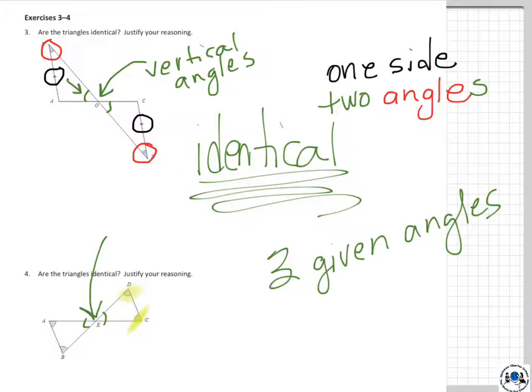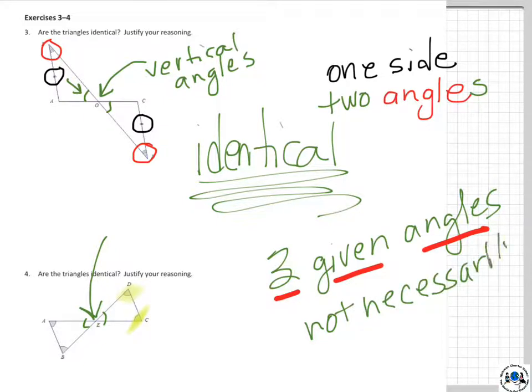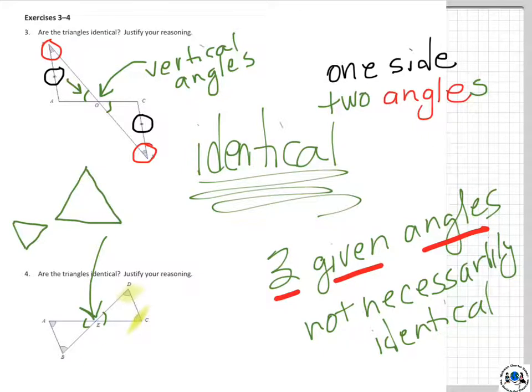But if you do recall, three given angles does not necessarily mean these are identical. Because with angles we could have a triangle like this, and then that triangle, if we draw it to scale larger, these could be identical in their angles, but not necessarily identical in their size, for example.